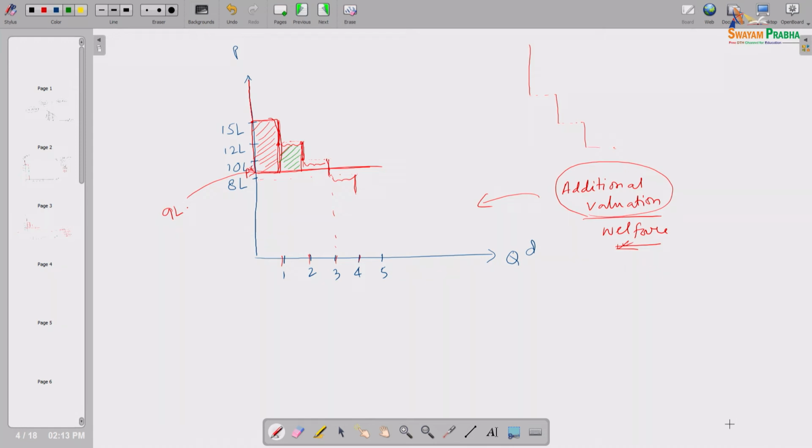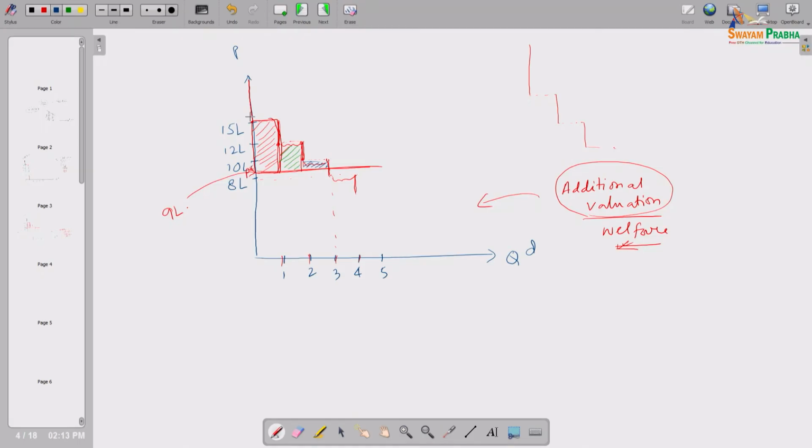And exactly the same way, this blue color shaded area is the third person's welfare generated. So by participating in this market, the total welfare generated by the consumers as a group is basically the area bounded by this green line, this entire area.